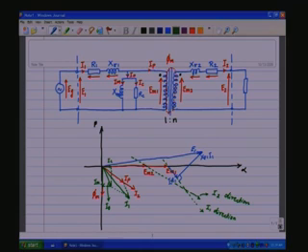So, along this I2 direction from here, we have minus R2 I2. So, this would be the plus R2 I2, therefore, we have to go in the minus direction. This is R2 I2, this is minus R2 I2 direction.